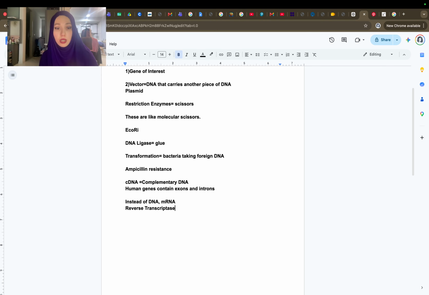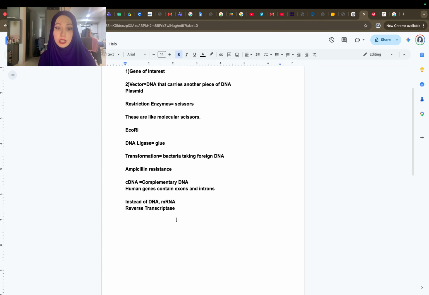But as you can understand from its name, in reverse transcriptase the reverse happens. RNA turns into DNA, and now we get complementary DNA. Complementary DNA has no introns and it's perfect for bacteria.